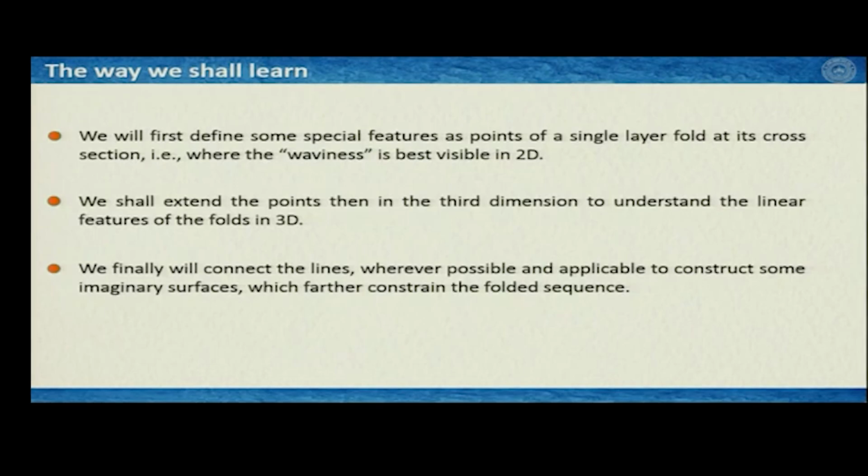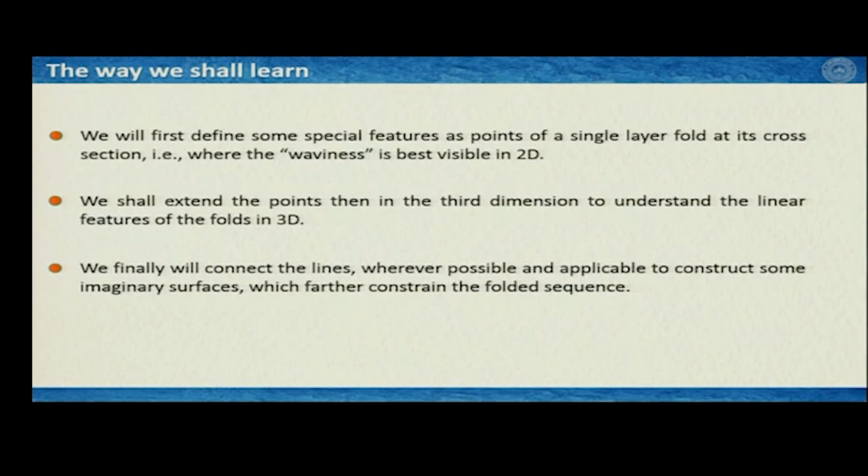What we mean by cross section at this stage of our understanding of folded structure is where the waviness is best visible in 2D. If I have a folded layer, I have to see it in 2D, on a section where this waviness is best visible.